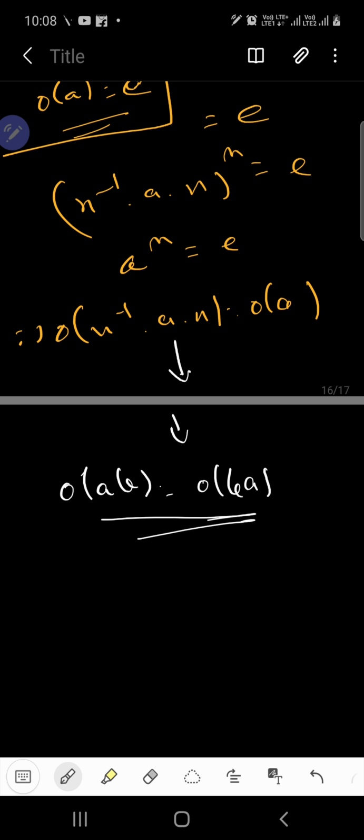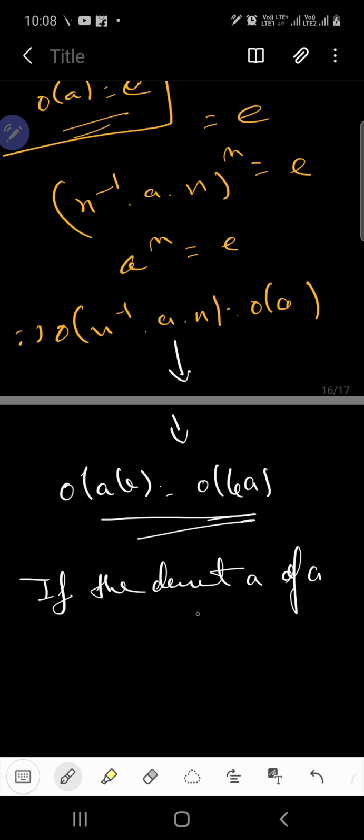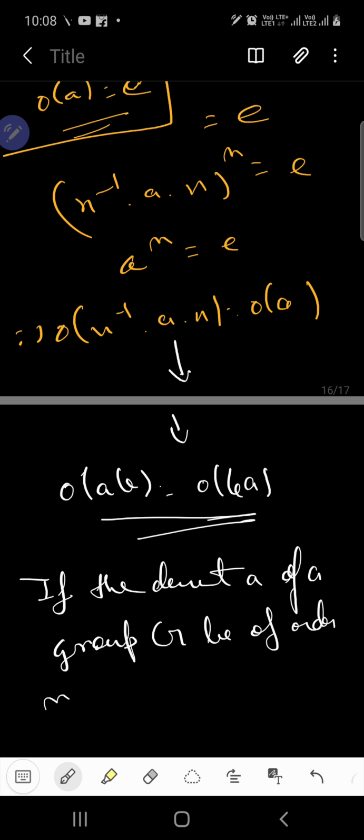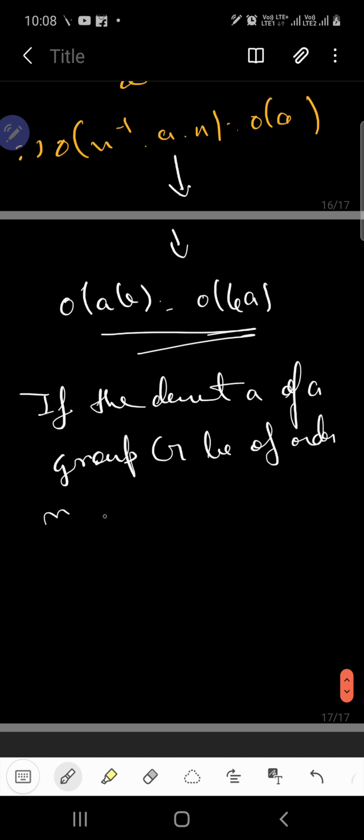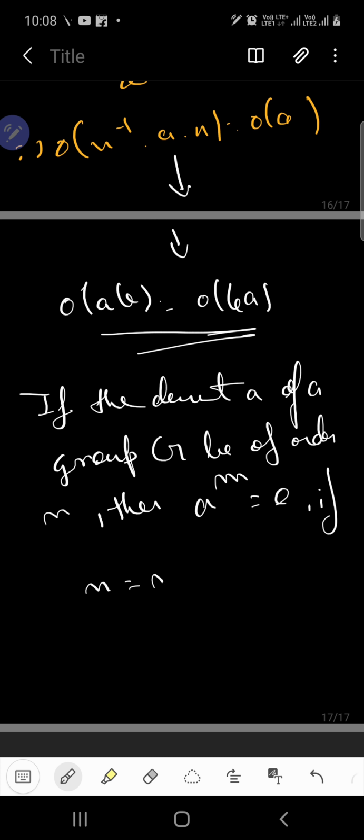Okay, so the next property: if the element a of a group G is of order n, then a to the power m equals e if m is some multiple of n.